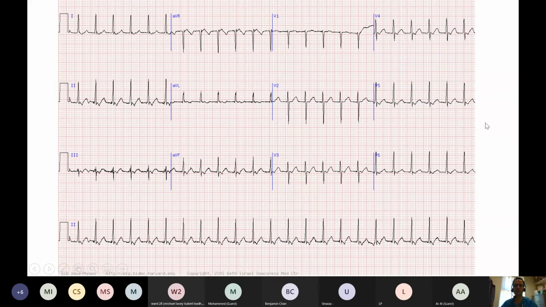So can anybody tell us anything else about this ECG? Anything else to spot in this ECG that might help us to a diagnosis? Have a look in lead 2.